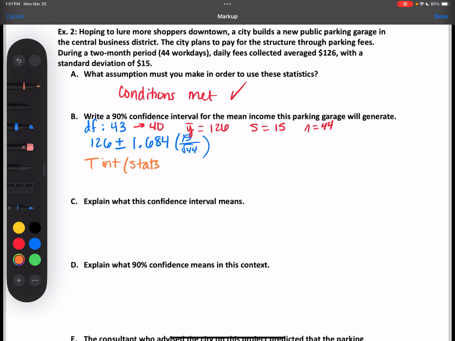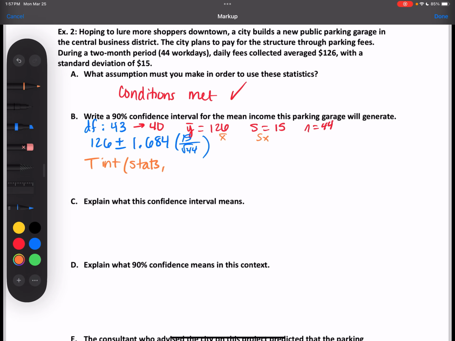You want to make sure that's highlighted. X bar is going to be our Y bar. So this is X bar here. S is going to be S sub X on the calculator, just for reference. N is the same, and then confidence level. So this is going to calculate degrees of freedom on its own based on the N value that you give it.